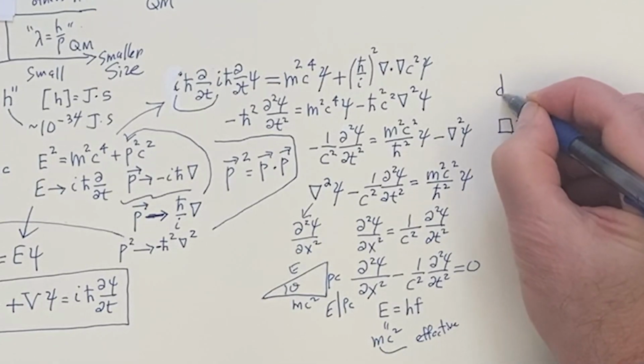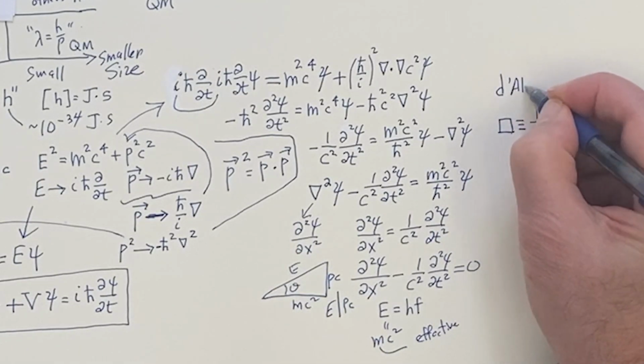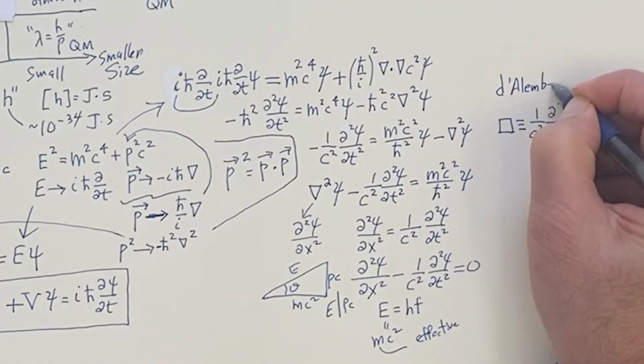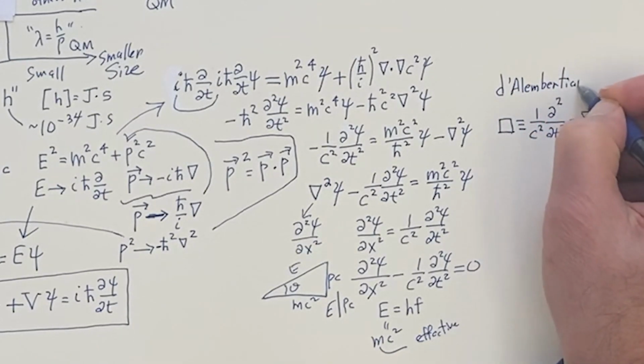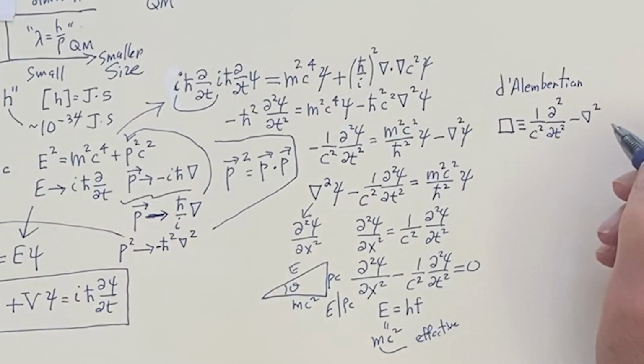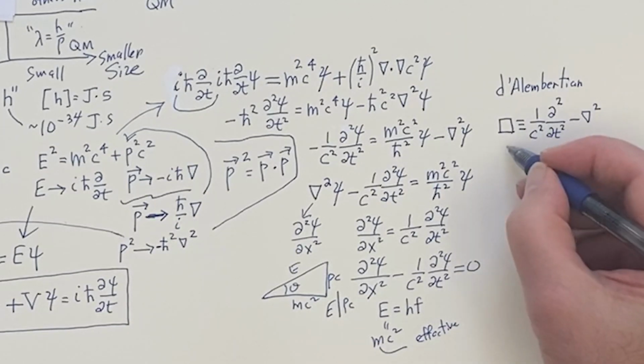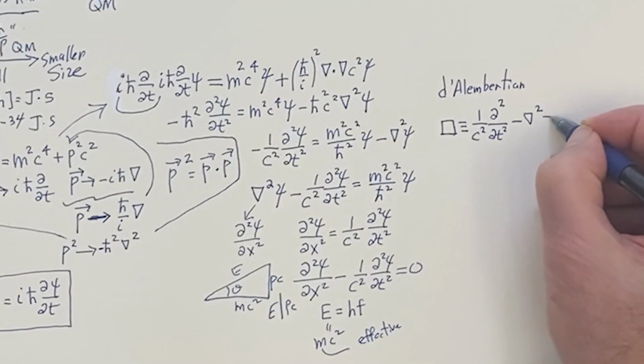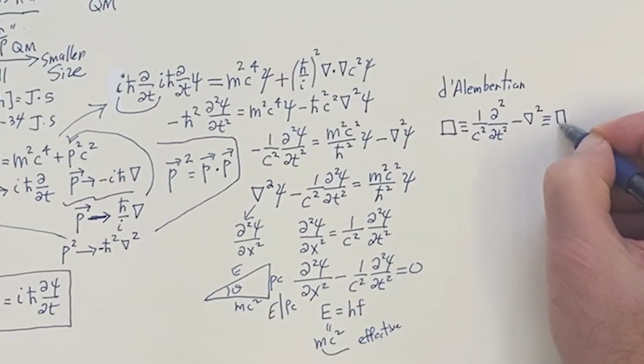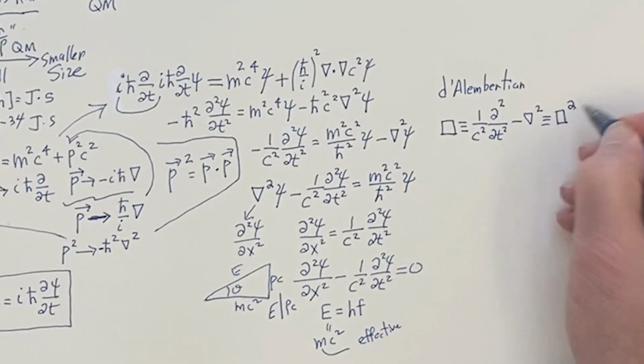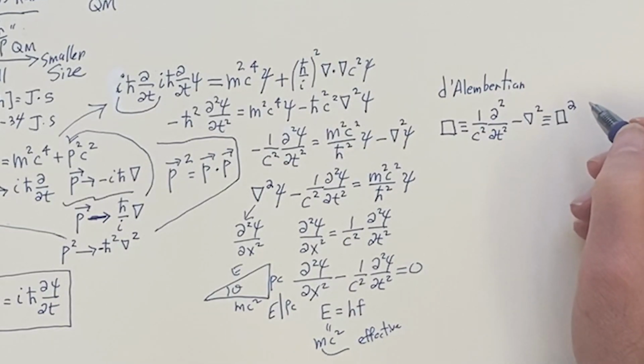And that's called the D'Alembert, or the D'Alembert operator. You will see this sometimes. Sometimes this is written as the box with the little 2 there, like a superscript.